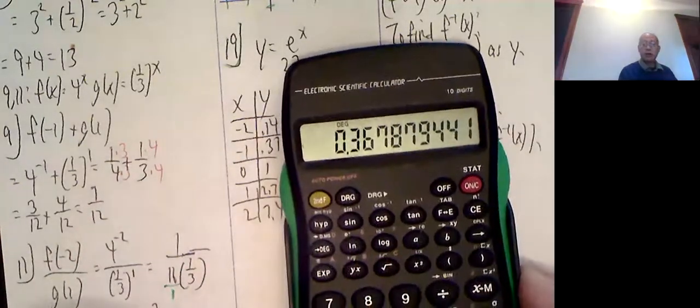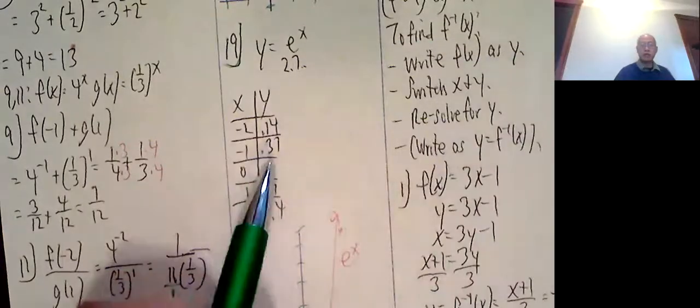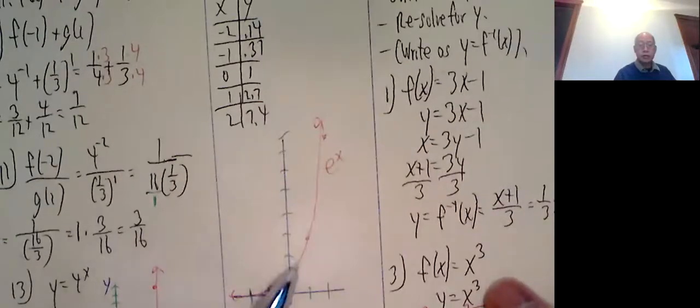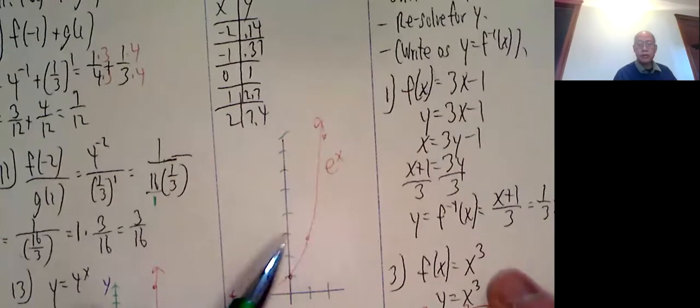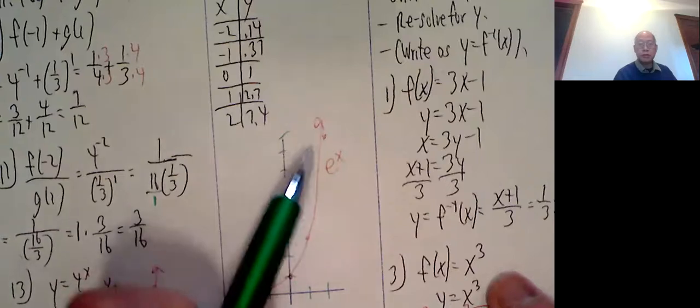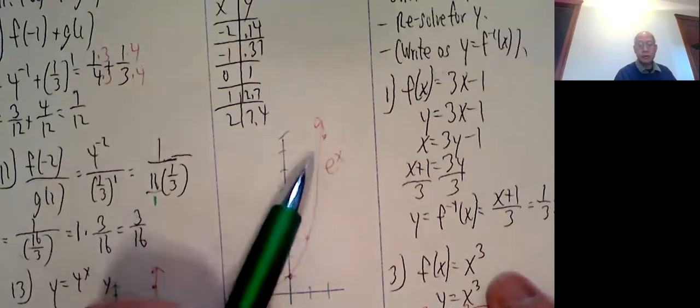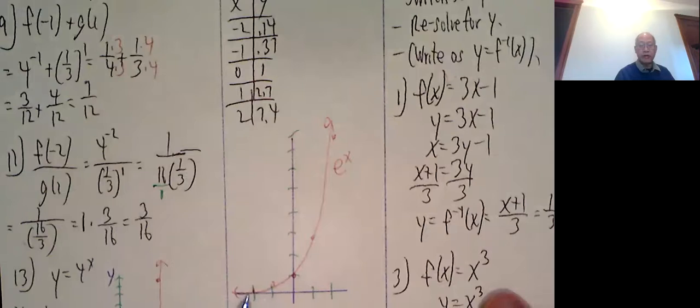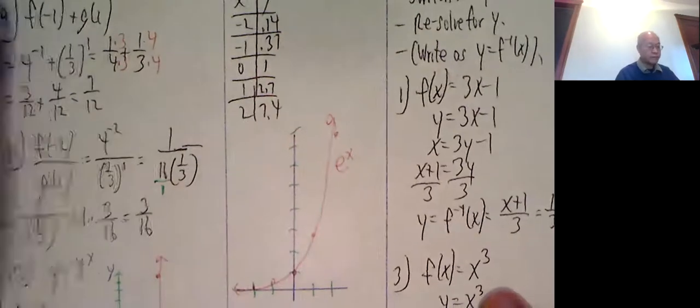And there it is, 0.367. I rounded it to 0.37. So you can use your calculator to get all those and plot the points. 0, 1, 1 comma 2.7, a little bit lower than 3, 2 comma 7.4, halfway between 7 and 8 roughly. -1 is about 1/3. -2 is very close to the x-axis. So again, it looks something like that.